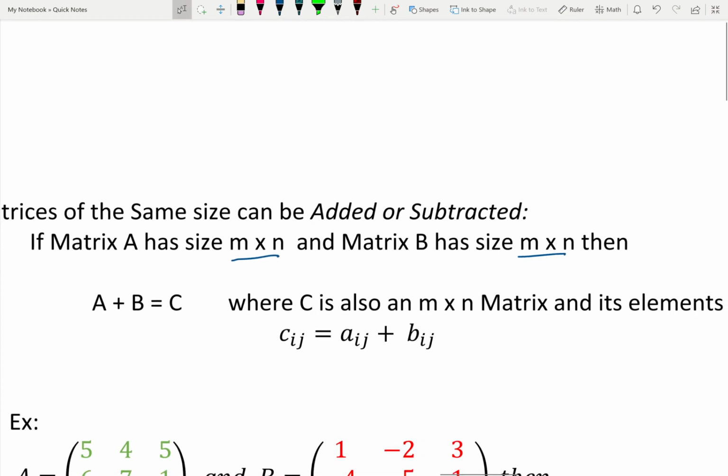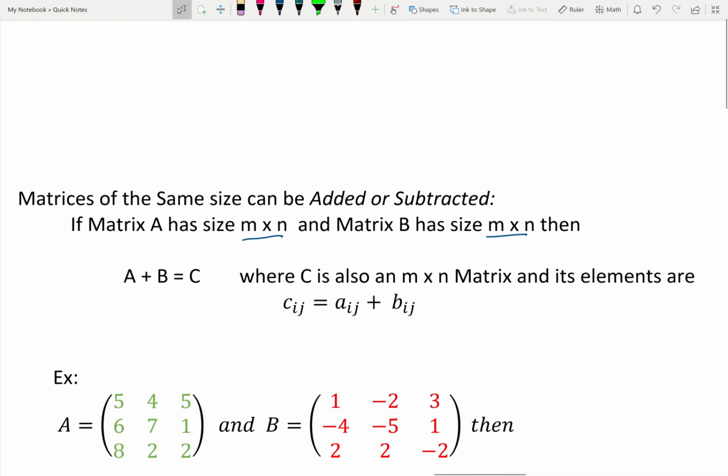That might seem confusing at first until we come to this example. But one thing you should note is that if matrix A is size m by n and matrix B is size m by n, then you are allowed to add them. If they're different sizes, you cannot add them. The other thing is their outcome: a matrix plus a matrix will be some other matrix, and that matrix will have the same size as the other two. It will also be m by n.